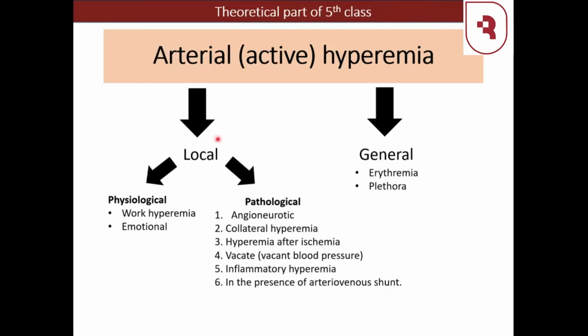Local arterial hyperemia could be divided into groups like physiological and pathological. In physiological local arterial hyperemia, we may note work hyperemia, which is associated with increased functional activity of some tissues and organs. For example, hyperemia of muscles after exercises in the gym, or hyperemia of lung in case of inspiration, or in case of running.